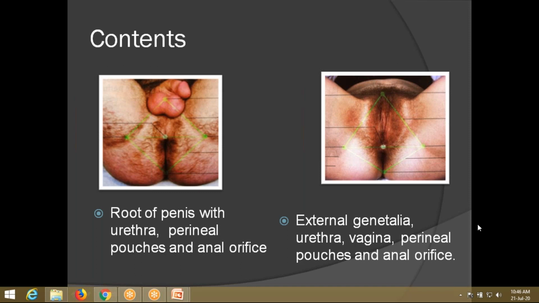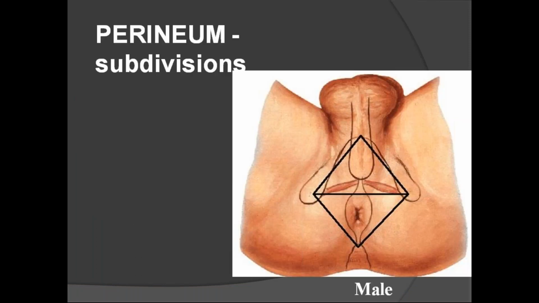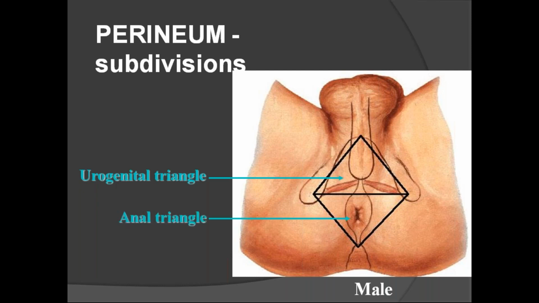So these are the main contents of perineum. From the examination point of view, superficial and deep perineal pouches are asked for a 4 marks question. This is the subdivision of perineum: anteriorly the urogenital triangle, posteriorly the anal triangle.